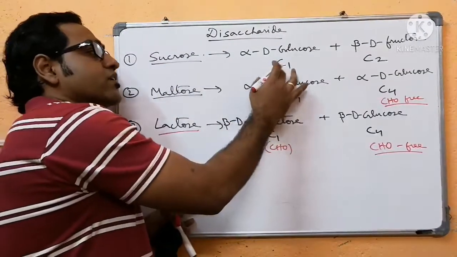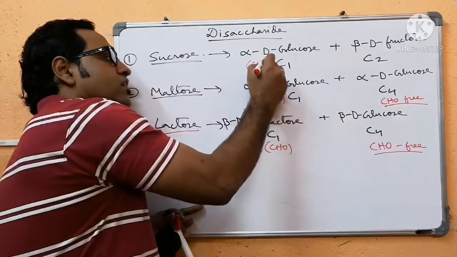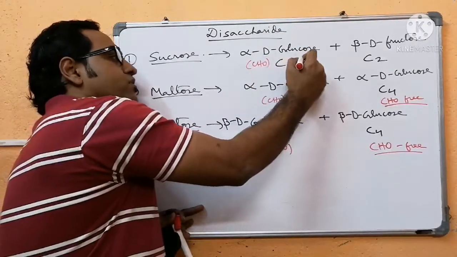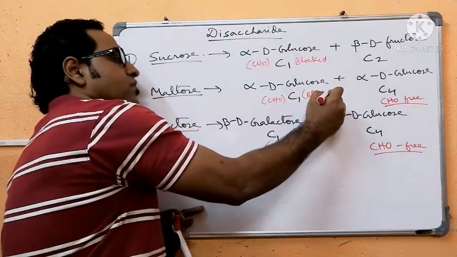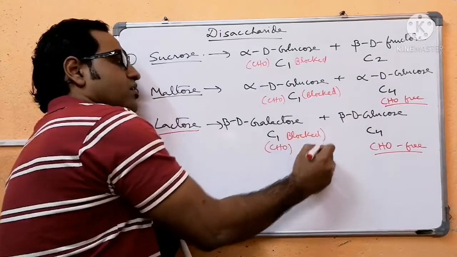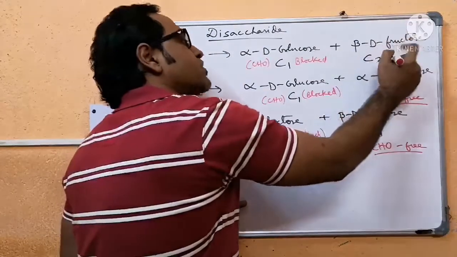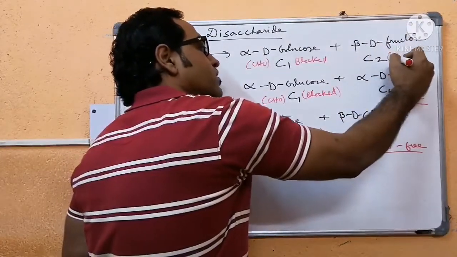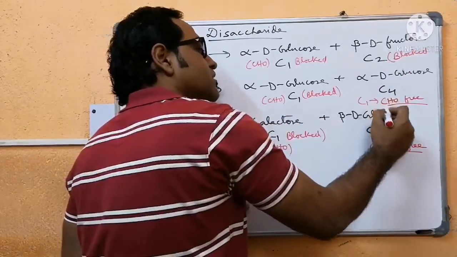But in case of this one, this glucose C1 is blocked. CHO is blocked. Here it is blocked. Here it is blocked. But in case of C2, C2 is the keto group of fructose, that is also blocked. For this one, the C1 is free.